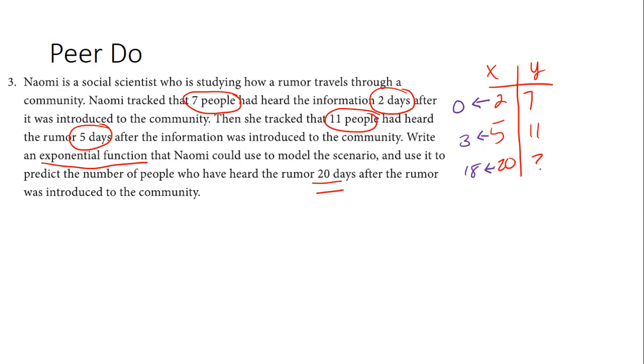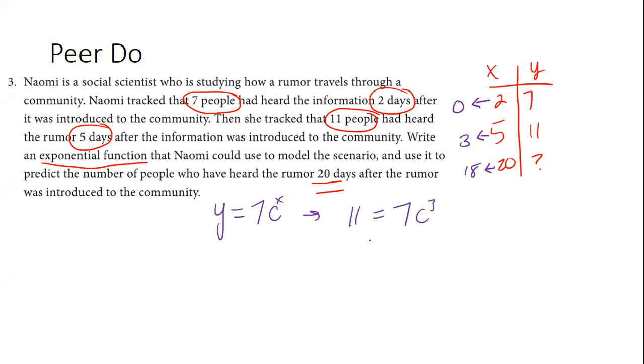Now solve. So the key setup here: it should have been y equals 7 c to the x, right? Then we plug in what we knew. We know that our y is going to be 11, so 11 equals 7 c to the third. Why is it the third? Because we made 2 our 0.